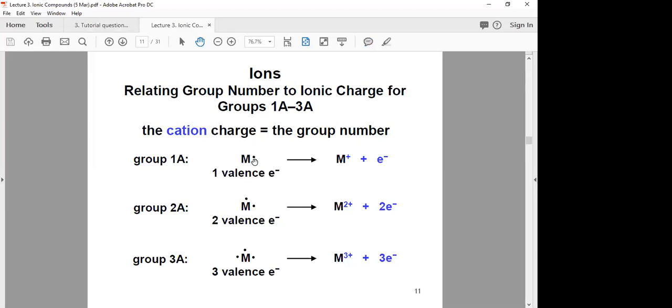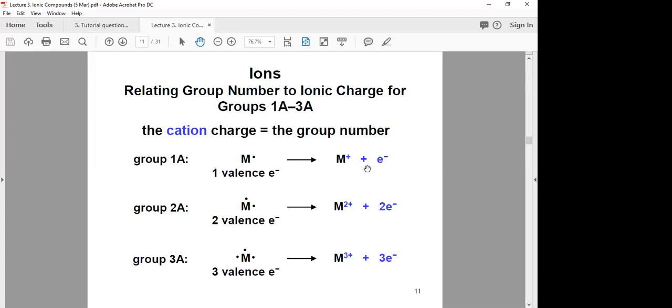And here's the one valence electron. Okay, these tend to lose that one valence electron. Let's look over here. They lose a valence electron.